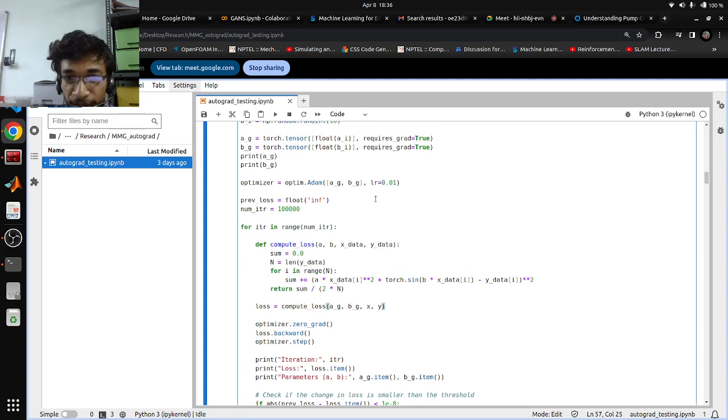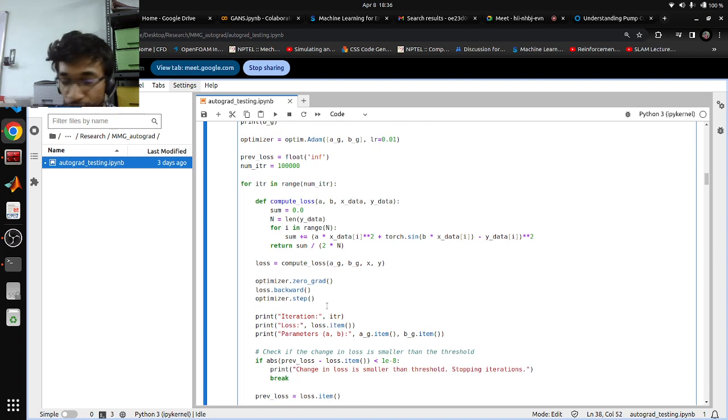Since I had put the requires_grad equal to True argument, PyTorch will keep tracking what is going on with ag and bg, in which functions they are being used, and whenever I call loss.backward, it is going to update in ag and bg the gradient of the loss with respect to ag. Is that part making sense?